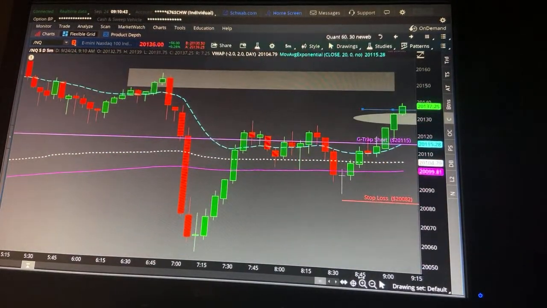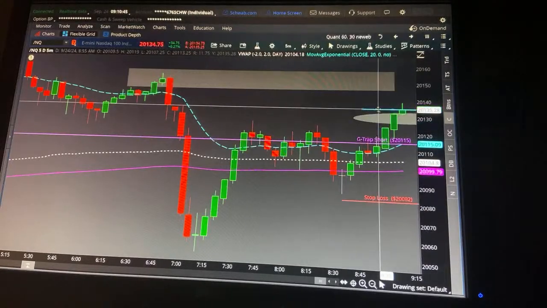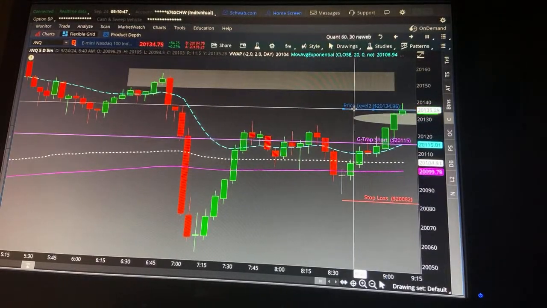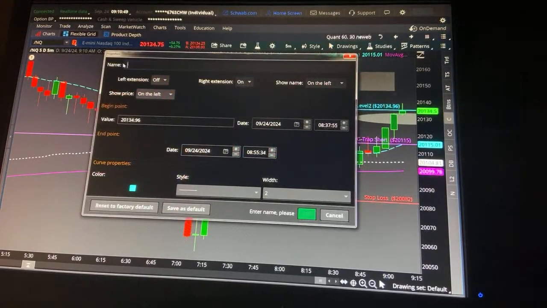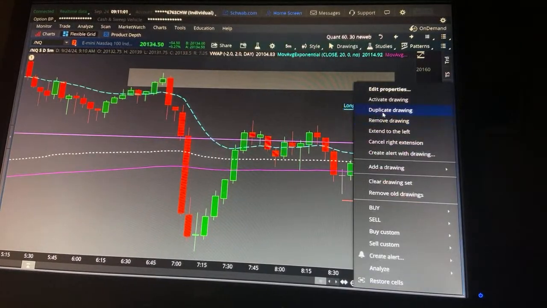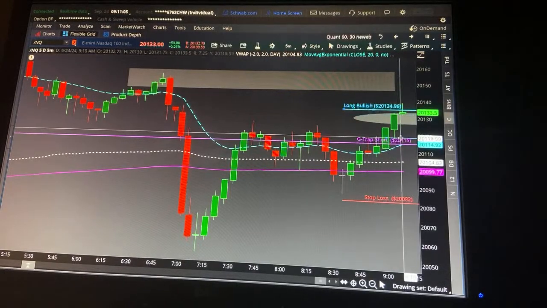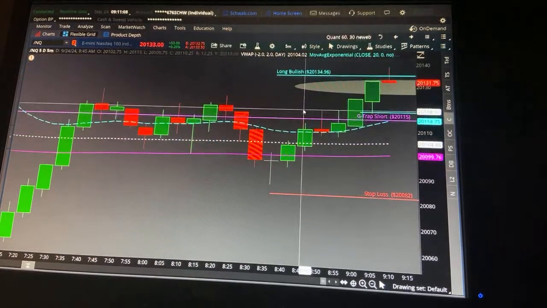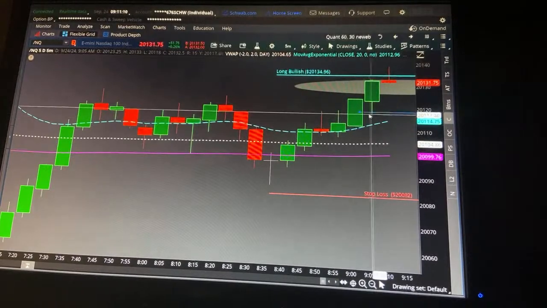Now, a couple things. If that zone is a little bit wide for you, and you don't want to get long right here as a market order, what you could do here is put limit orders to potentially fill in the event that we get pullbacks down in here.